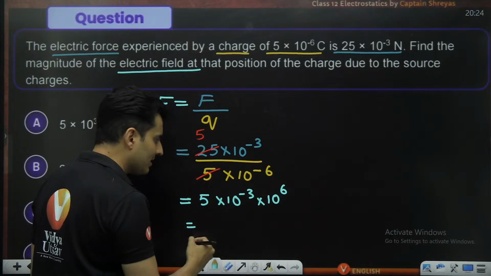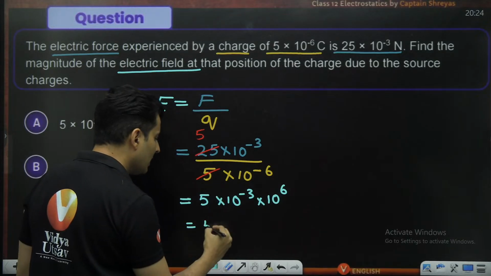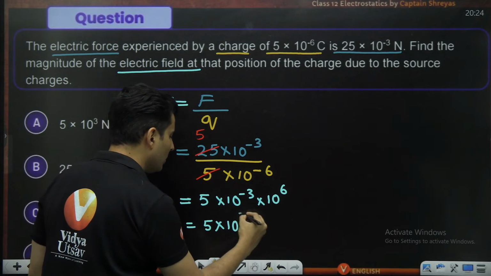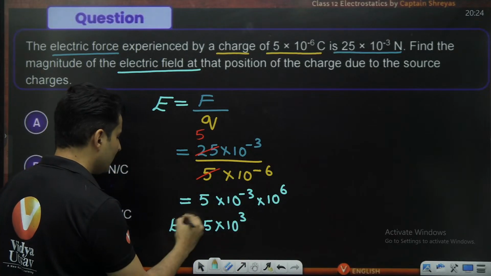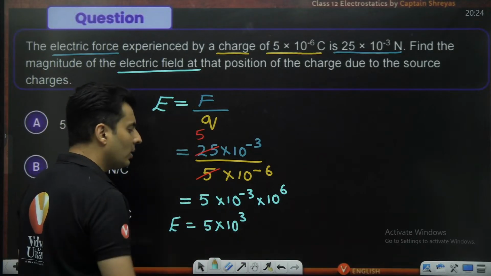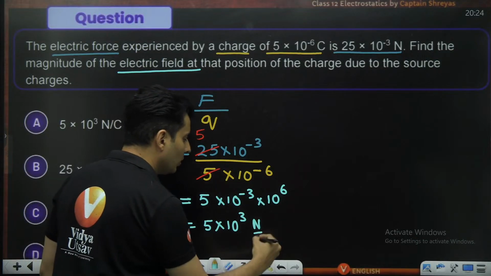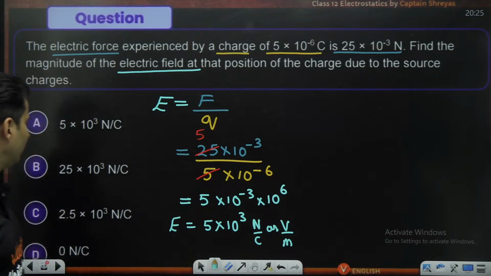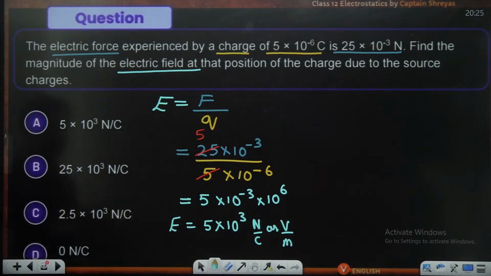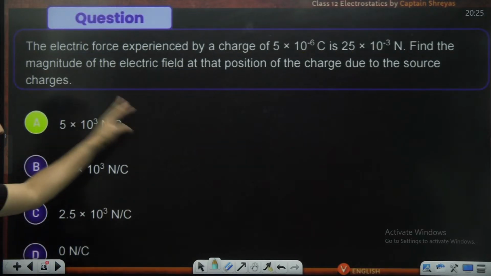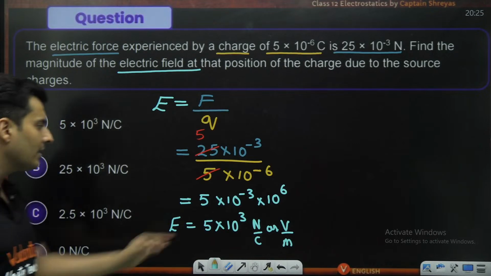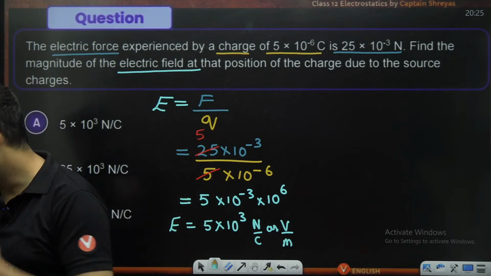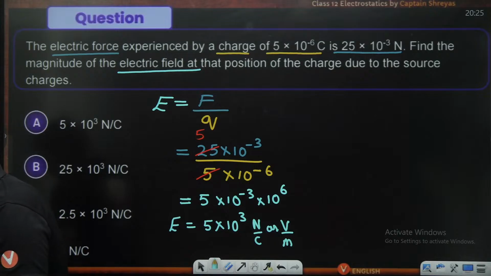What is 6 minus 3? It is basically 3. So it will become 5 into 10 to the power 3. That is the electric field. What is the unit of electric field? I told you, newton per coulomb or volt per meter. Any one of them. So I can see 5 into 10 to the power 3 is there as option number A. Hence that is the correct answer. Is that right? Okay. All right.